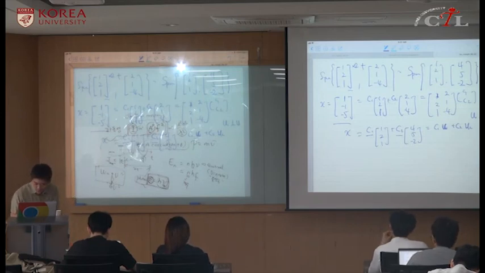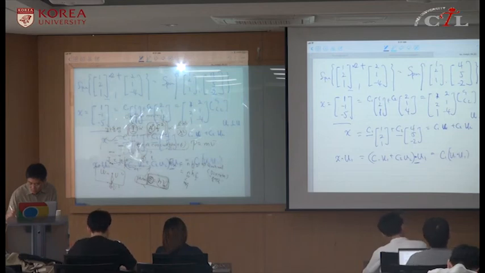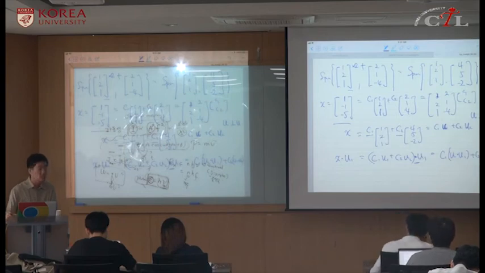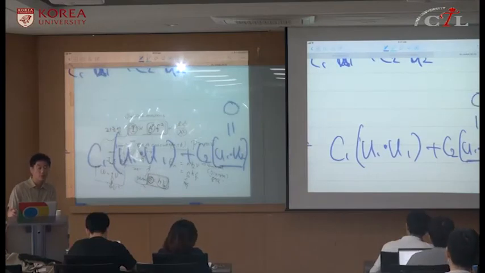In other words, let's compute x dot U1 equals C1 U1 plus C2 U2, dot U1. So we still need the dot here, and then C1 U1 dot U1, plus C2 U2 dot U1. Here, this part will actually be gone because their inner product is 0.